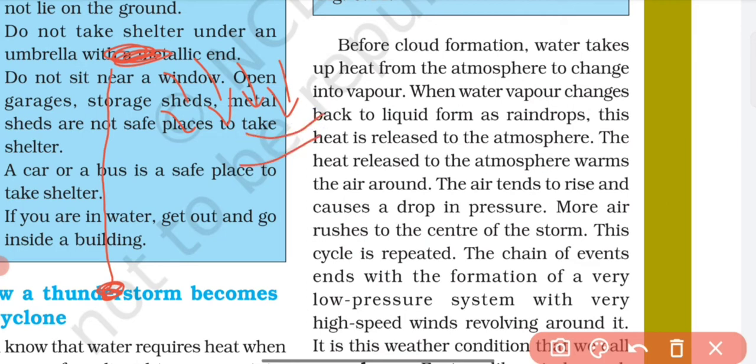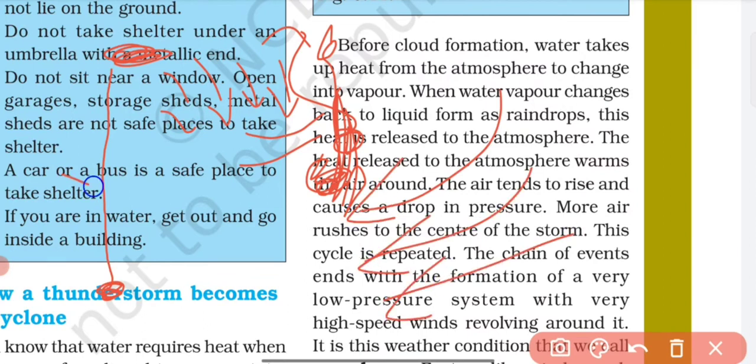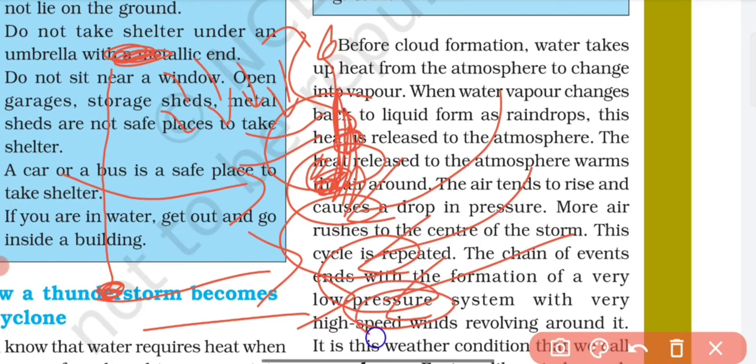So the air present in that area gets the heat and rises up. Due to that, we get low pressure. So from the high pressure, the air rushes toward that area. And after some time, due to this continuous cycle, what will happen? It will create a circular motion, and due to that circular motion, it will create a cyclone. So this is how a cyclone is formed in the atmosphere.